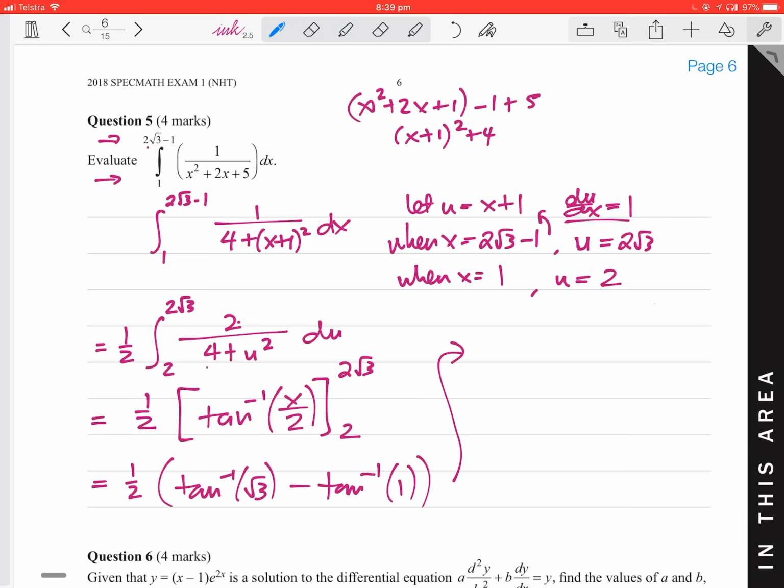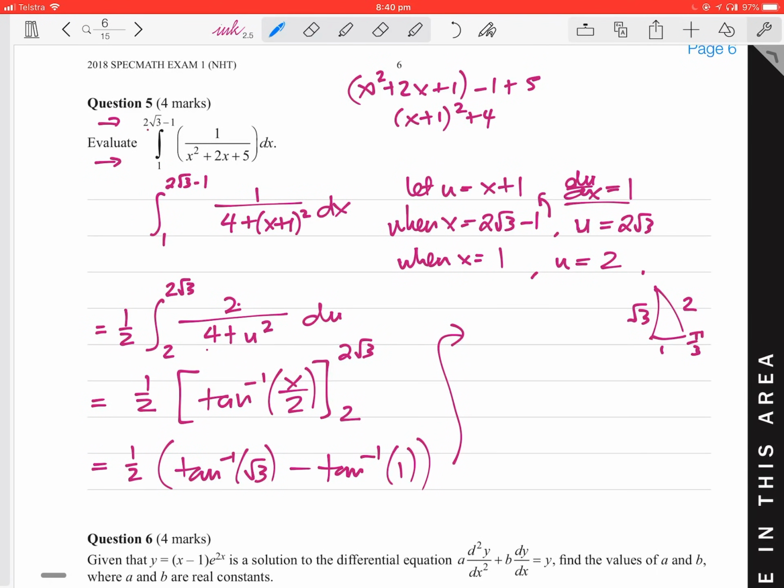Okay, 1, 2, root 3, pi on 3, pi on 6. That's equal to a half times what's tan inverse of root 3? It's pi on 3, minus tan inverse of 1, which is pi on 4. That's from our other special triangle, 1, 1, root 2.